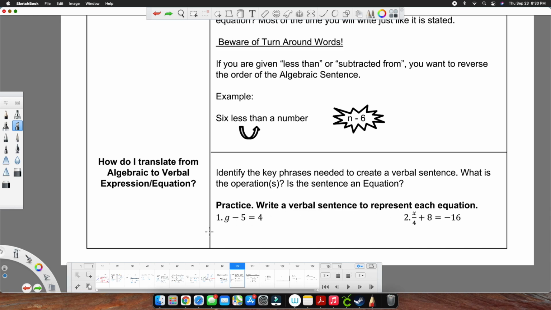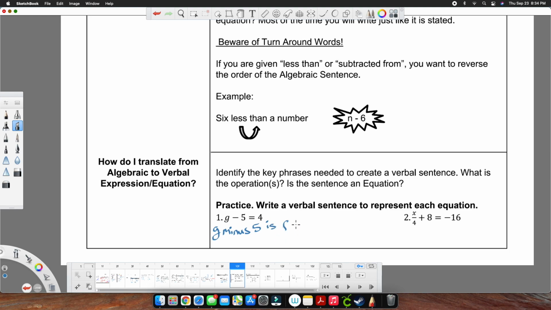So now we would have g, or the variable g, depends on kind of how picky the program is that you're typing it in, but g minus 5, or the difference of g and 5, you could write that also. So again, there's more than one way to write these.